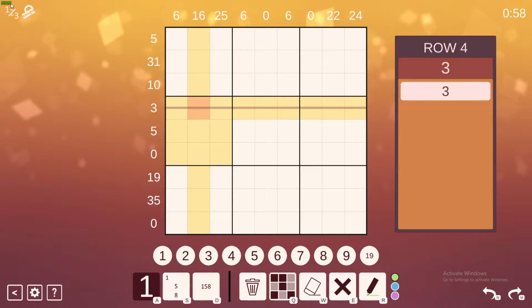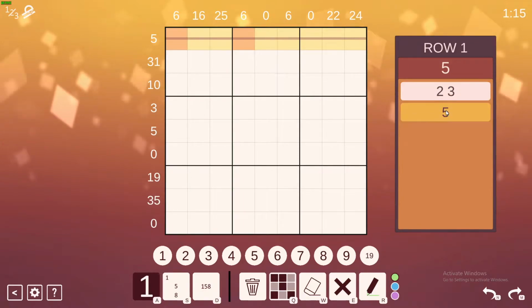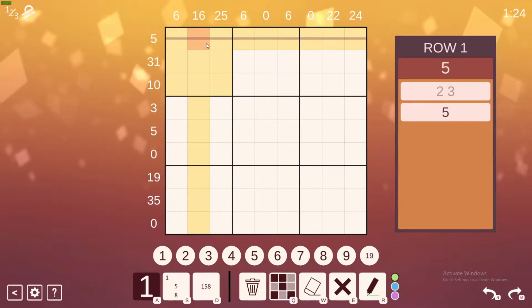Now, one of the things we could do with this non-consecutive is if we take a look at this clue, this is saying we must add up to 5 between a 1 and a 9. So let's say that we're here and here. Now, our clue says that we might be able to have a 2, 3, or a 5. However, we can eliminate this 2, 3 combination because the rules of non-consecutive Sudoku say that you cannot have a 2 placed next to a 1 or a 3.